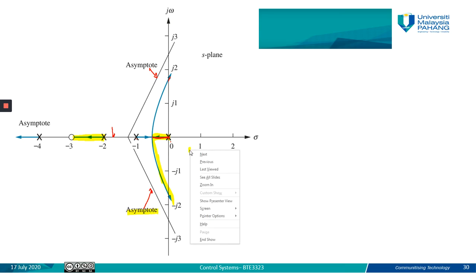Then the third segment will go through the second one here, start from negative 1, along this line, and go to infinity. Why go to infinity? Because we said it should start from the pole and end at 0. Since we have only one 0 here, the rest of the zeros are at infinity.